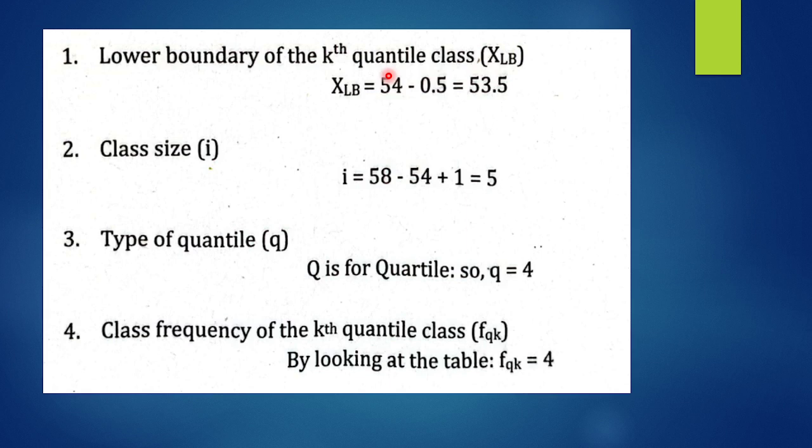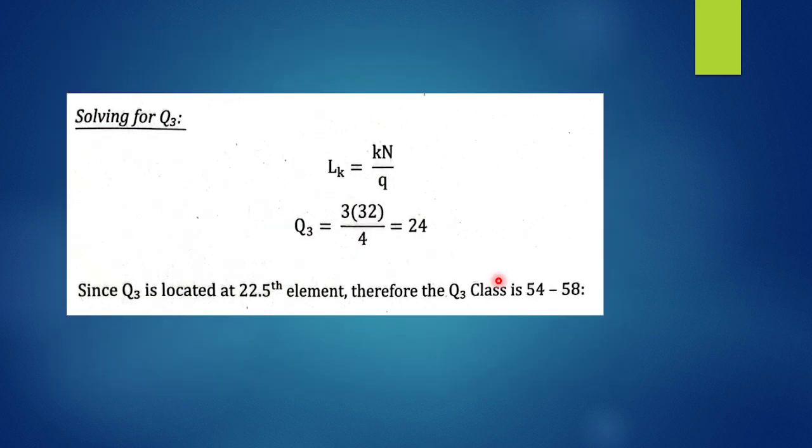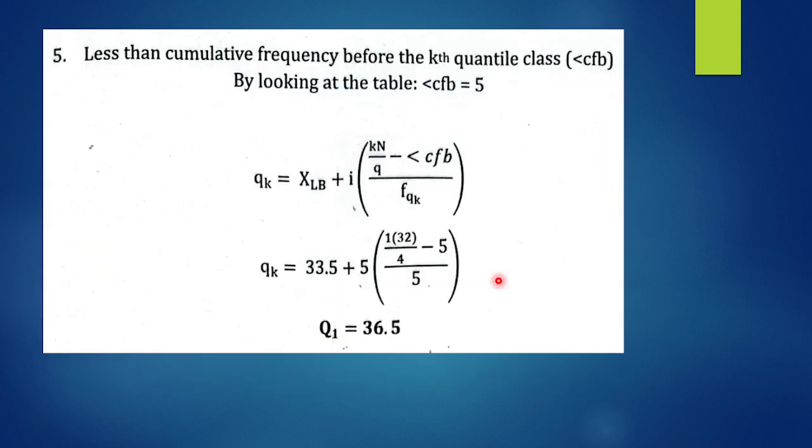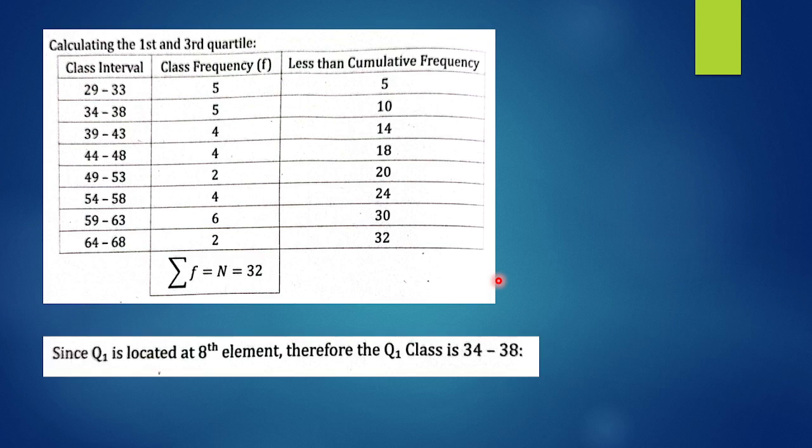After that, XLB is 53.5. And then the class size is still 5. The quartile is still 4. And our FQK, the frequency of the kth quantile class, is 4. Okay, so that is for this one, 54 to 58.